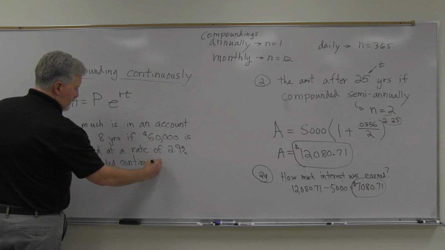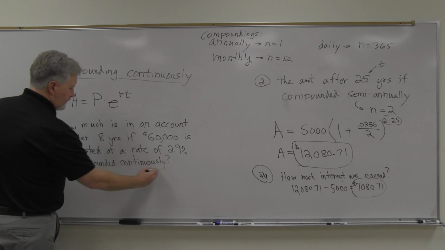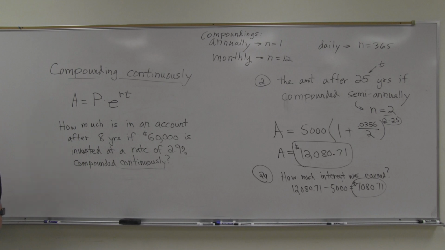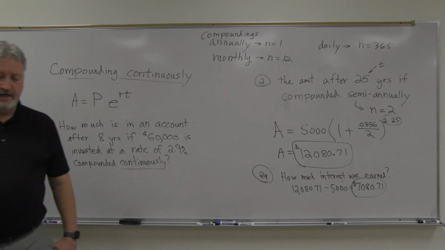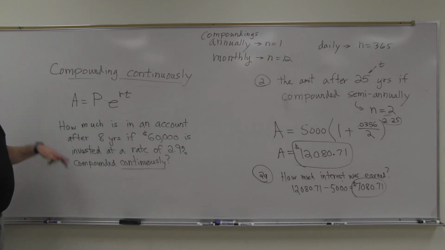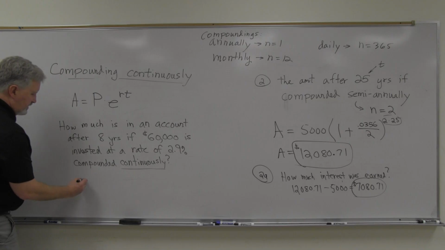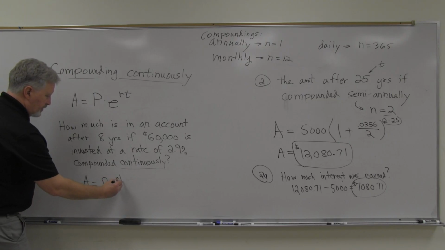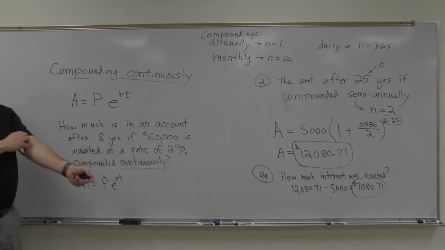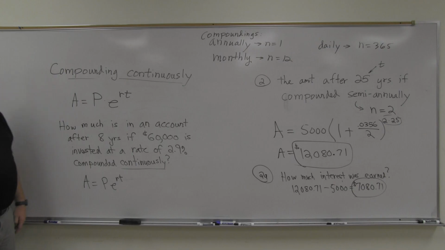Yeah, so those are the words that we need to see to use the PERT formula: compounding continuously. So to figure this one out, we're going to use A equals P e to the rt, which, you know, the e is the e, but the P, the r, the t are the same thing that they were in the other equation.